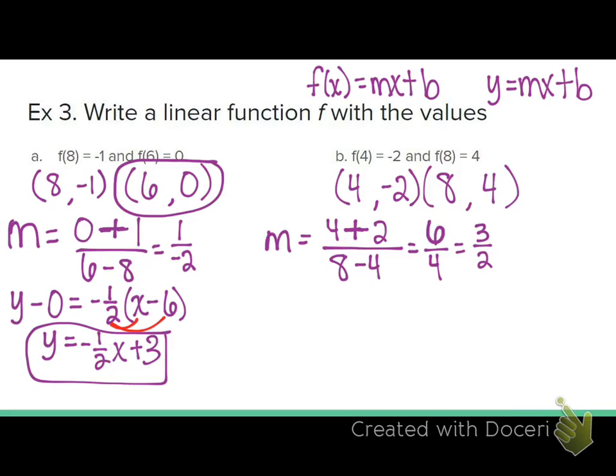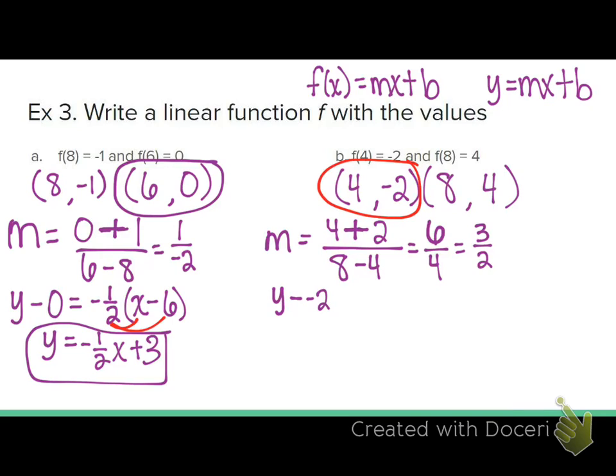We need to pick a point. Which point do you want to use? First one? It does not matter to me. You've got to pick a point. If you used the second point, you should get the same answer in the end. Your work will just look a little bit different. We plug into point slope form. That would be y minus negative 2.